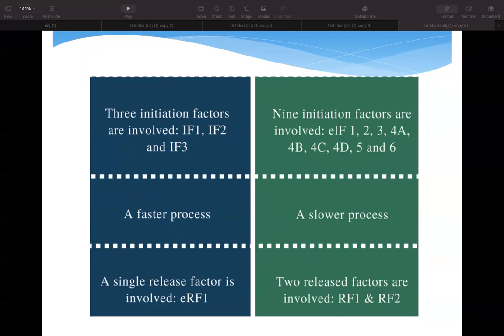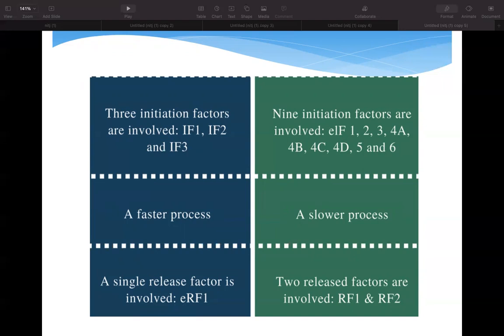And there are 9 initiation factors involved in the initiation process of eukaryotic translation, that is eukaryotic initiation factor 1, 2, 3, 4A, 4B, 4C, 4D, 5 and 6. Prokaryotic translation is a faster process when compared to eukaryotic, which is a slower process.